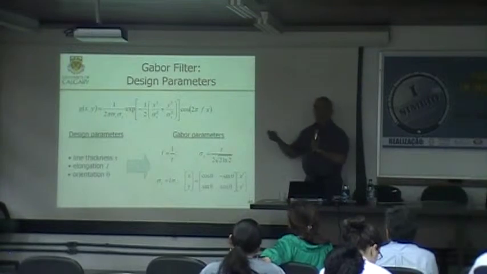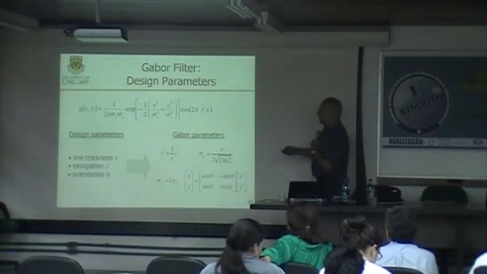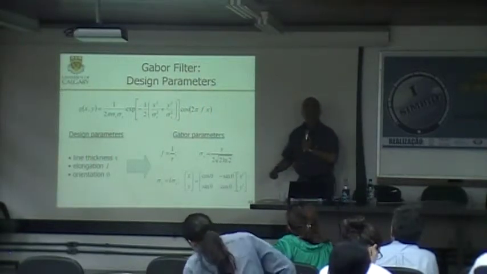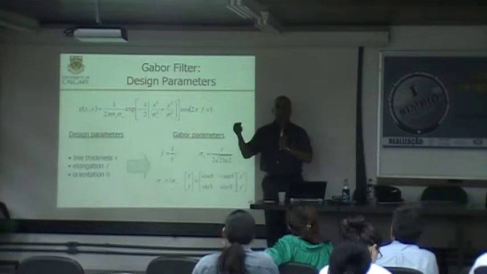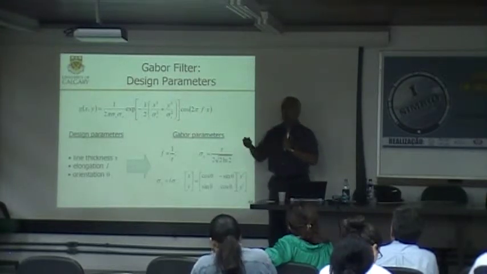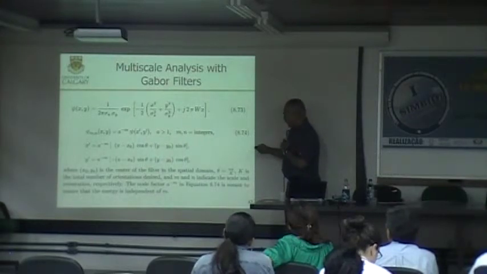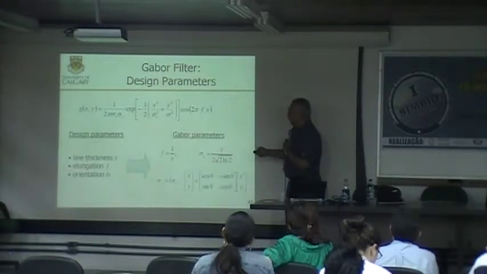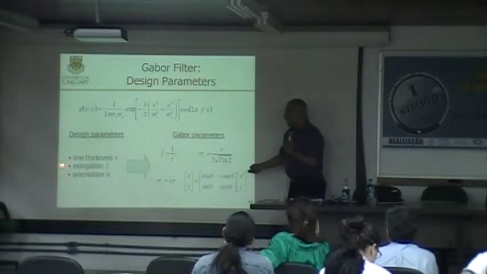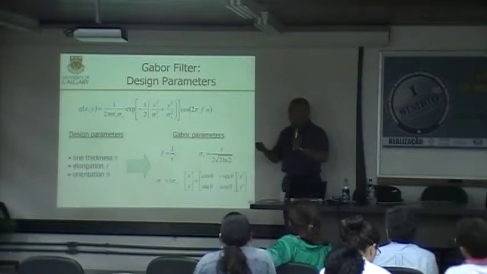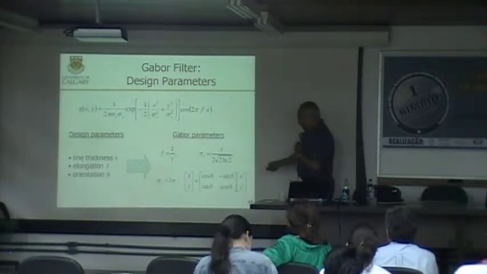Or you can do like what I explained this morning. Sigma square x, sigma square y, 2 pi fx define the thickness of the object in the image domain. How thick is the average blood vessel or ligament you want to detect? Tau, so many millimeters. Elongation, what is the ratio of x to y before the angle changes?